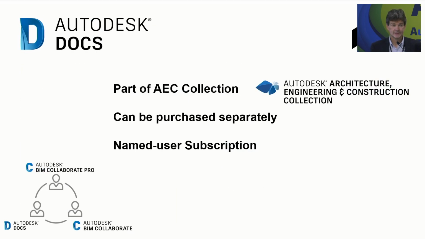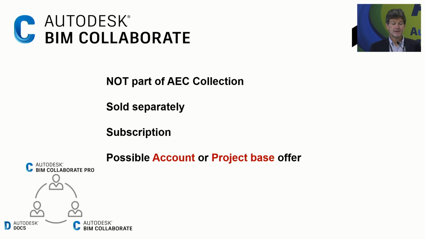This is something to understand about how it's technically working. And regarding licensing, Autodesk Docs is automatically part of the AEC Collection, or it can be purchased separately, and it's named user subscription. Then we have BIM Collaborate, which is not part of the AEC Collection. It's sold separately.